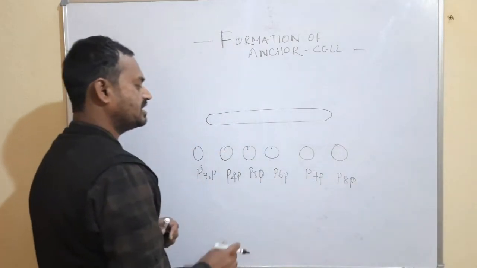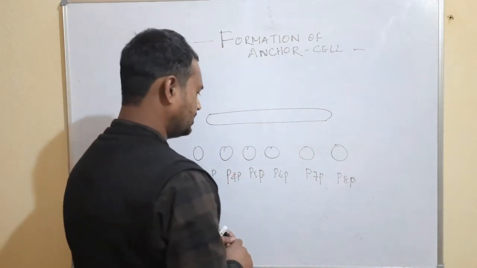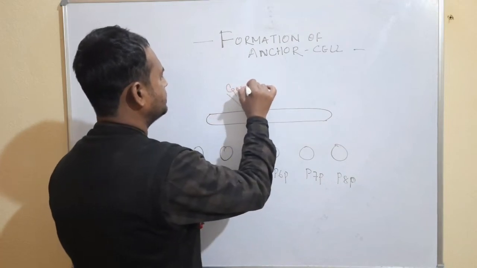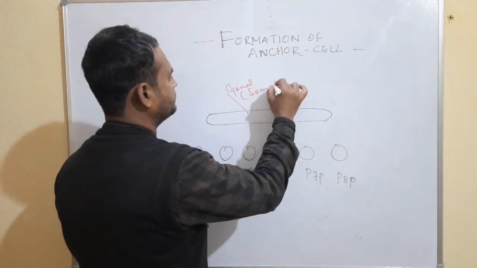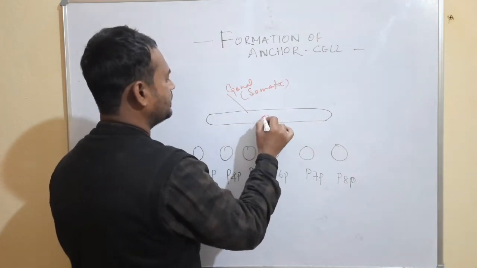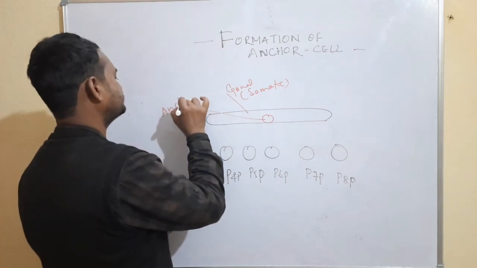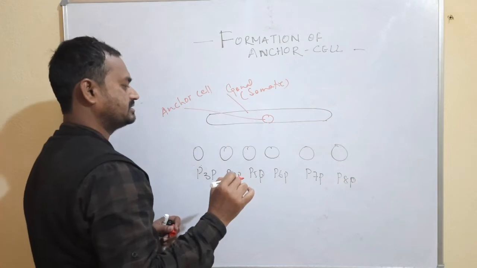Above all these cells there was the gonad, and the gonad is somatic. And there was a cell that is called the anchor cell.